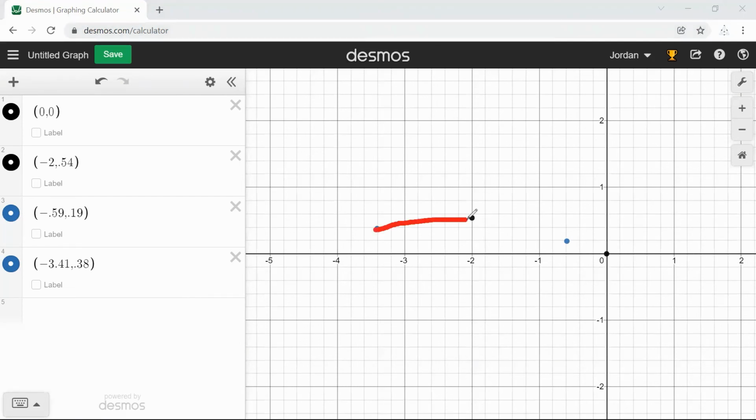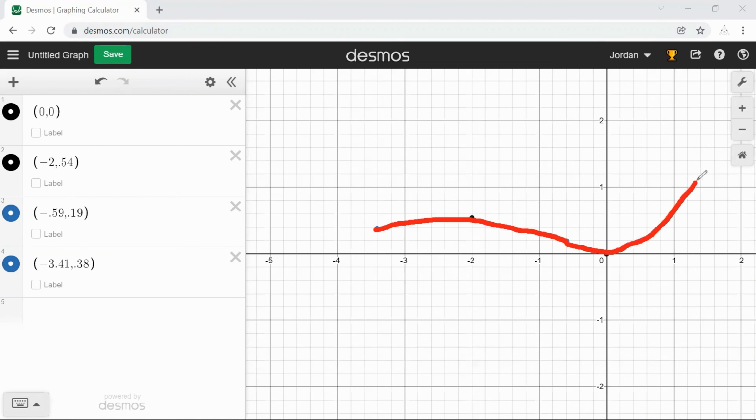We're going to look like a parabola pointing down there. Then, to the right of this point of inflection, to the right of the -0.59, 0.19, it's going to start doing concave up.